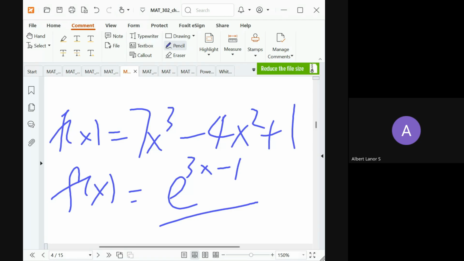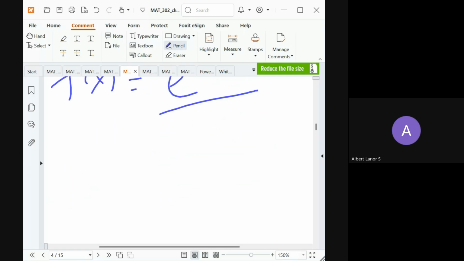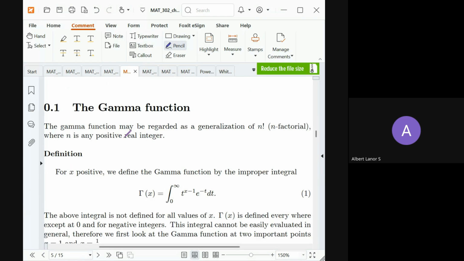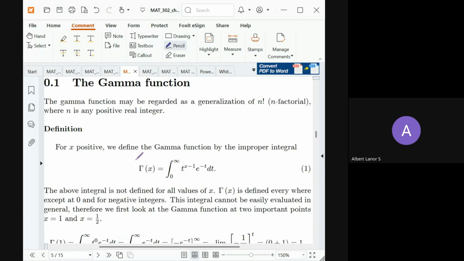So also, we have a class of functions called the gamma functions, and they are of this form. The gamma function is the generalization of the n factorial, where n is any positive real number.